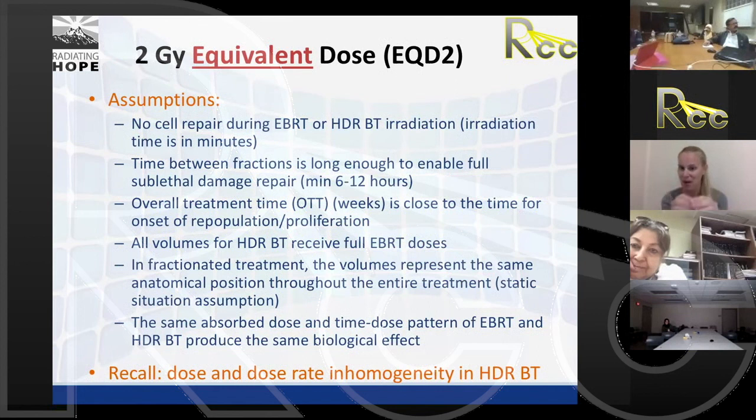The inner part of your tumor that's close to your source is getting a much higher dose rate, much higher dose than the outside edges of your tumor. So in all of this, we're kind of assuming that that doesn't make a difference. Okay, but in reality, it might. It's hard to tell, and it's too hard to figure out at the same time. So we just assume that this is what it is.